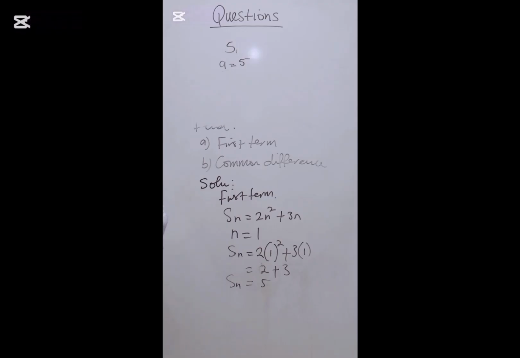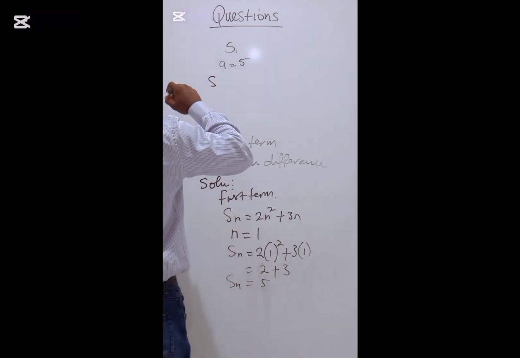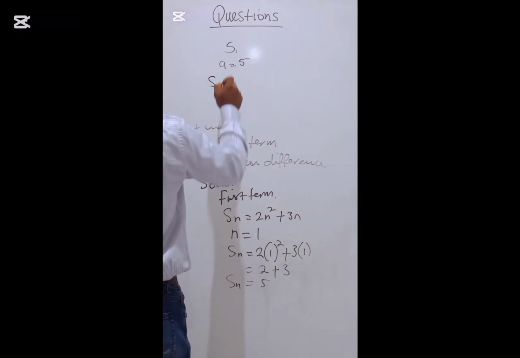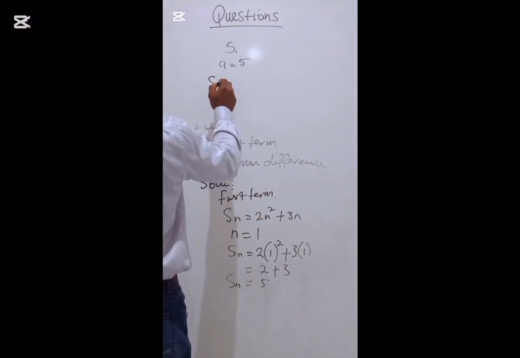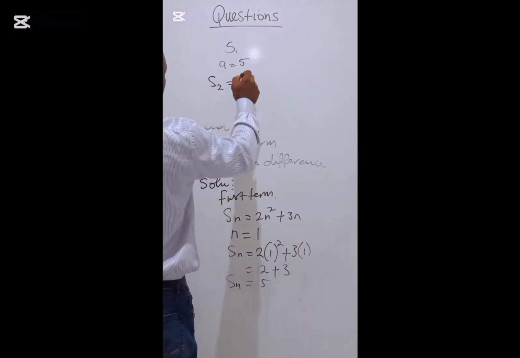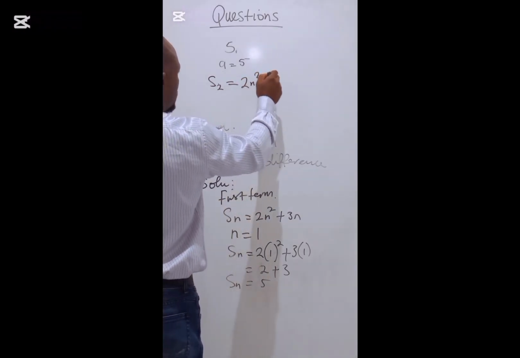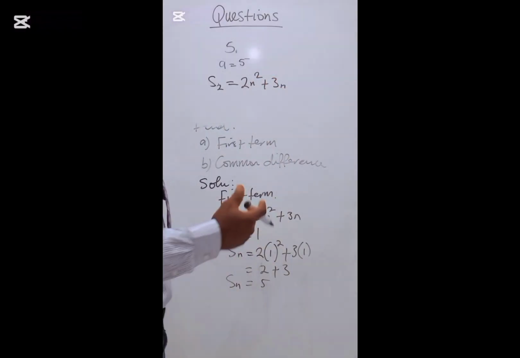Now, to look for the common difference, we are going to look for the sum of the first 2 terms in the list. So n is going to be 2. If we are applying this same formula, 2n squared plus 3n, we want to look for the second term in the list.